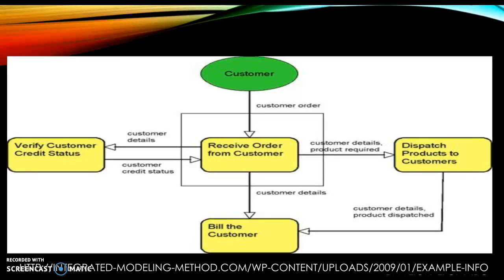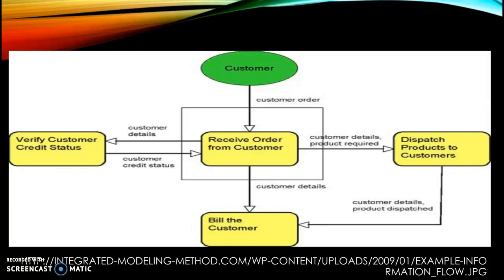This is an example of an information flow model. So in this photo, you can see there is a customer. He places an order. So we received an order. Then the customer's credit status is verified.